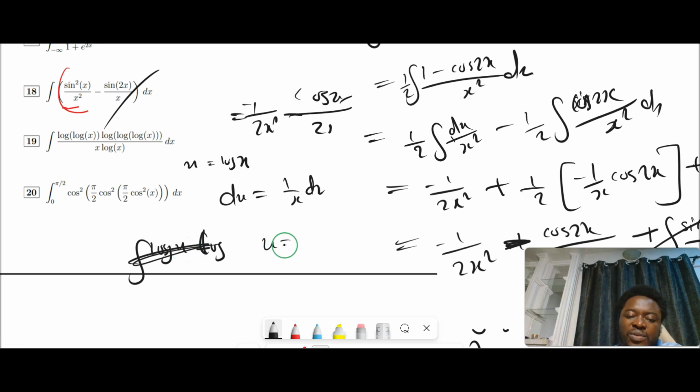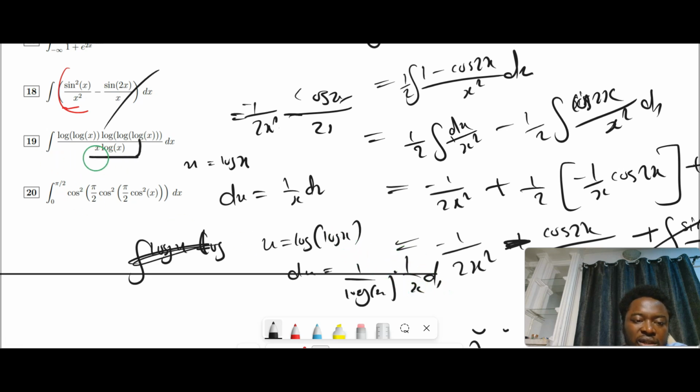If you take u to be log of log x, then du would be 1 over log x times the derivative of log x, so 1 over x dx. So everything here would be du. So you have the integral of u log u du.